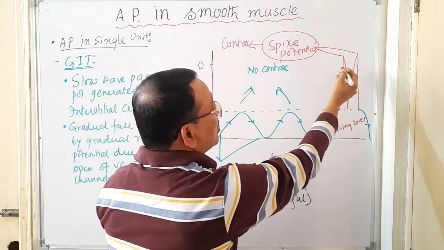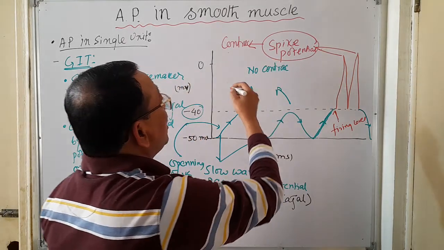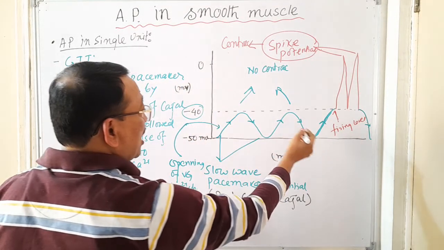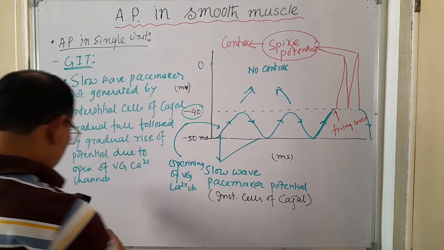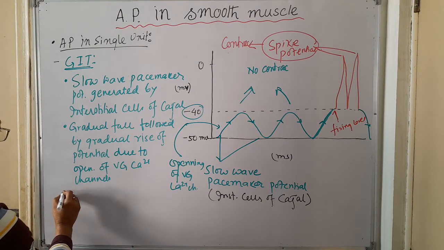So this is the spike potential that is seen once the pacemaker potential reaches the firing level.